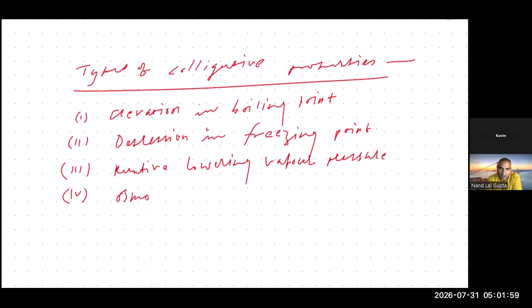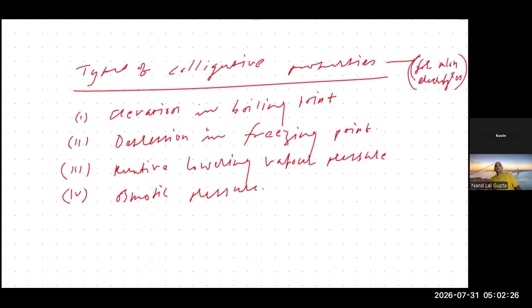After that, no van't Hoff factor is there. These are all the properties related with the van't Hoff factor. Firstly, these colligative properties are given for non-electrolytes, meaning they are not going to ionize.